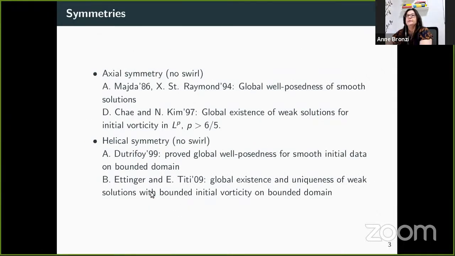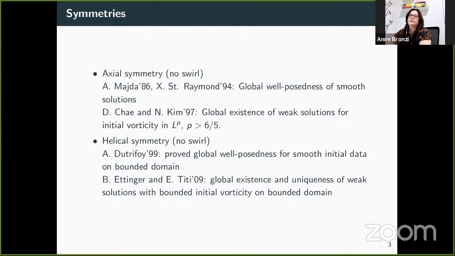But there are other symmetries that allow us to control this vorticity. One is the planar symmetry, which is the 2D case. And we also have the axisymmetric case. Here we need an extra condition that we call no swirl.